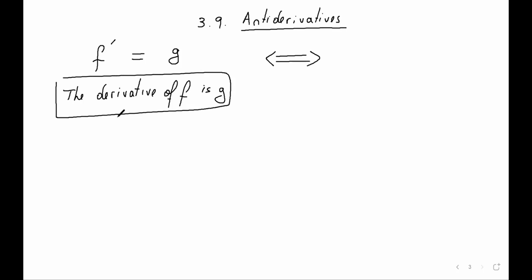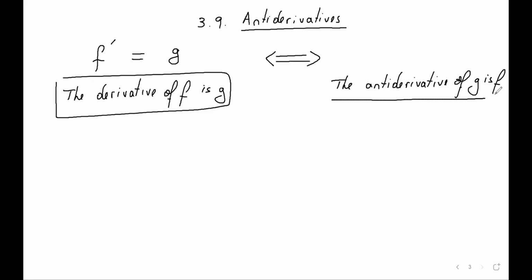So we can say the exact same thing by going the opposite way. Over here you can start with f and say the derivative of f is g. But over here on the other side, you can start with g and say the antiderivative of g is f.